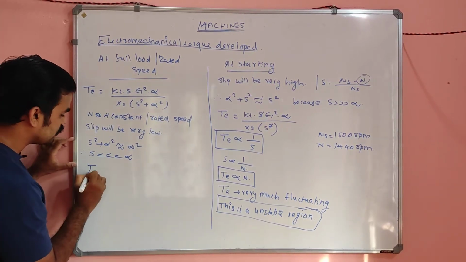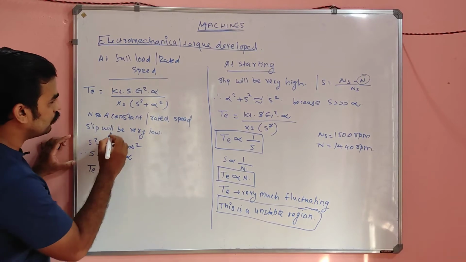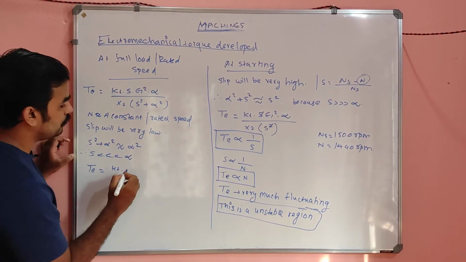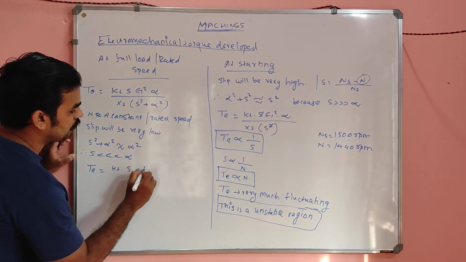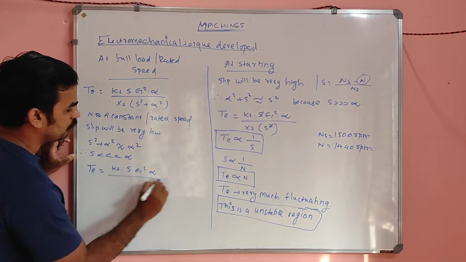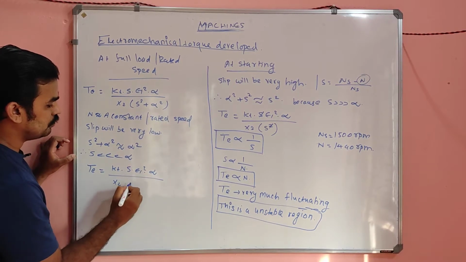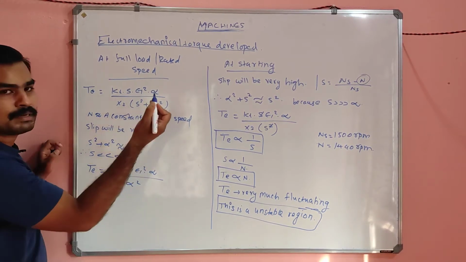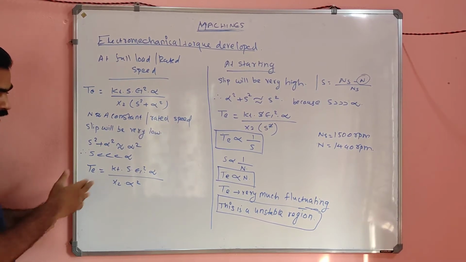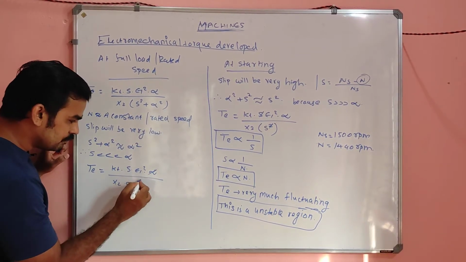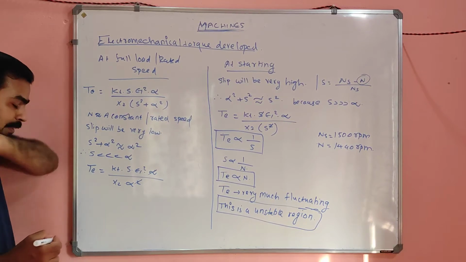So our torque equation will become TE equal to KT into S into E1 square into alpha, all divided by X2 into alpha square. This S square plus alpha square is simply alpha square, so this alpha and this alpha get cancelled.